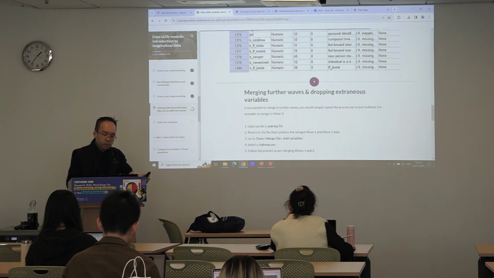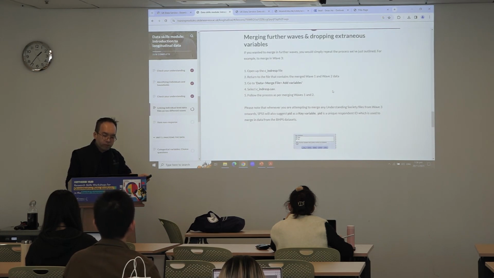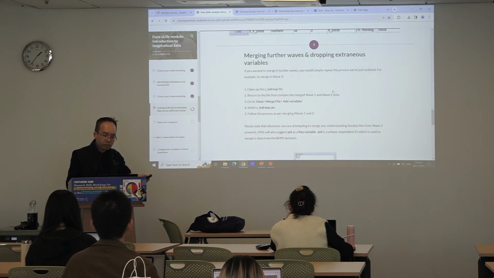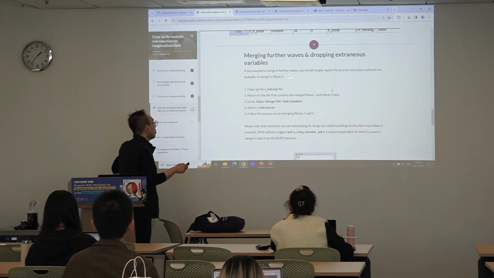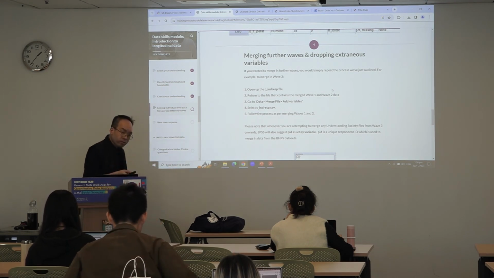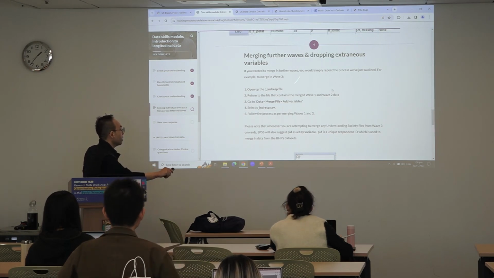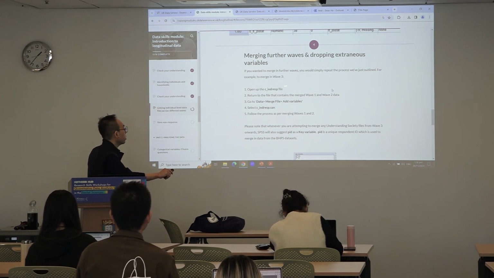So the idea of merging further waves and dropping extraneous variables is this, okay? So if, let's say, after we merge wave 1 and wave 2, we wanted to do more, you can simply repeat the process we did. Like this is an example, merge wave 3.